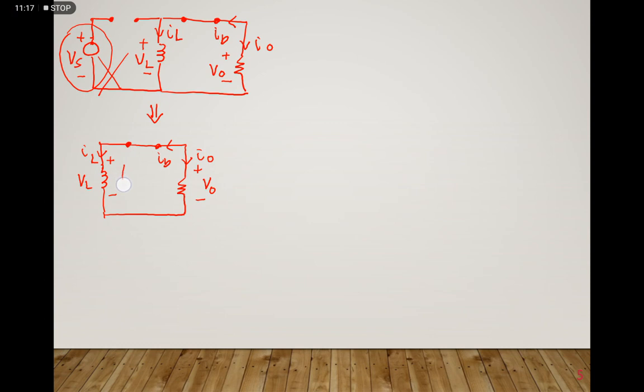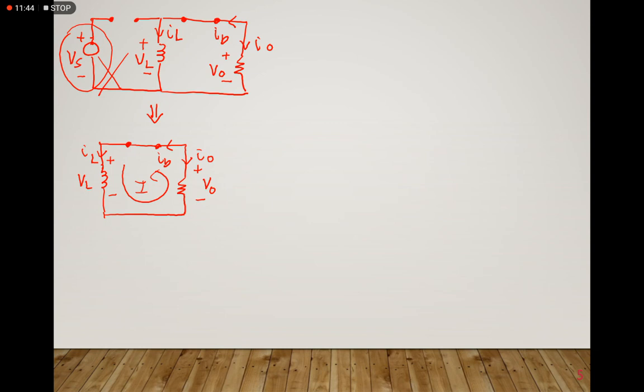This is how the current flows. We are referring to the inductor, because the inductor will be the source of the energy. This is when the inductor releases the stored energy in order to power up the load. So from this circuit, we need to produce the delta IL equation.